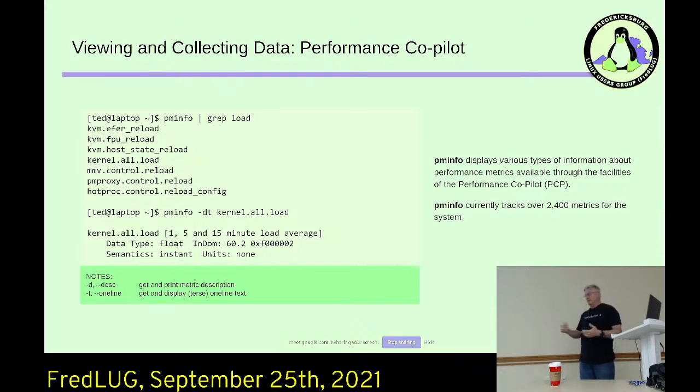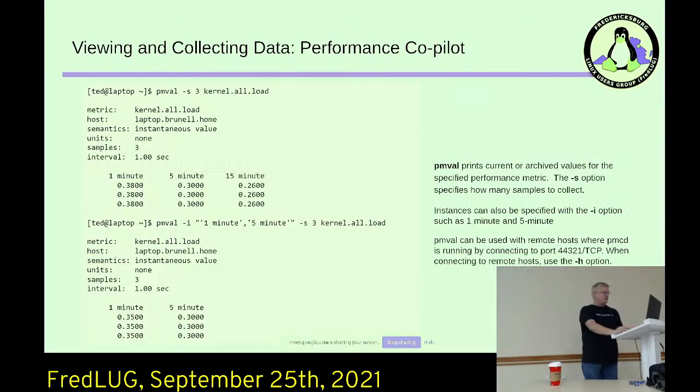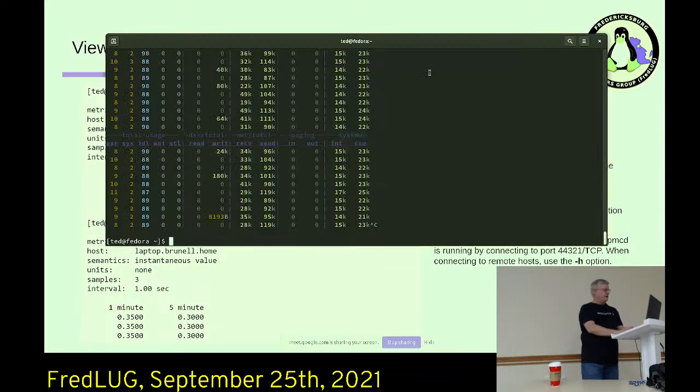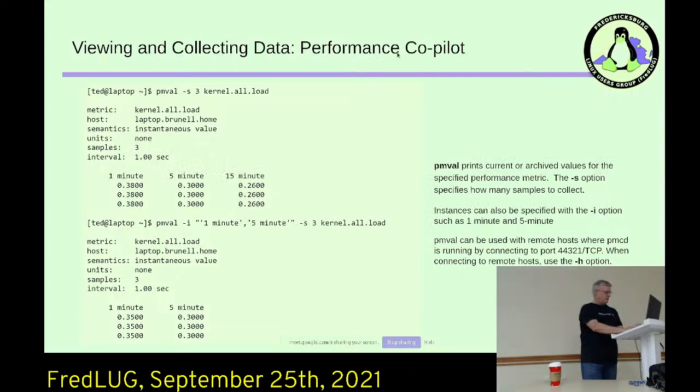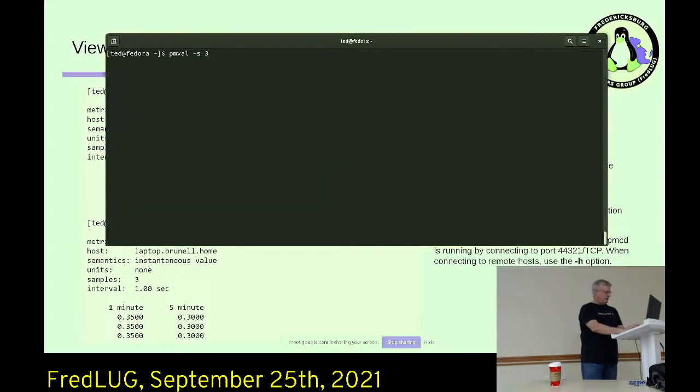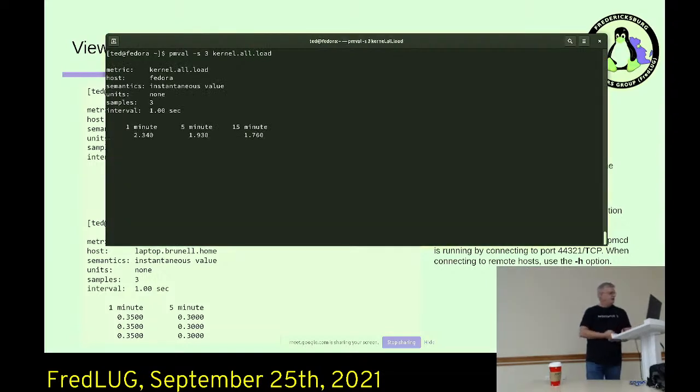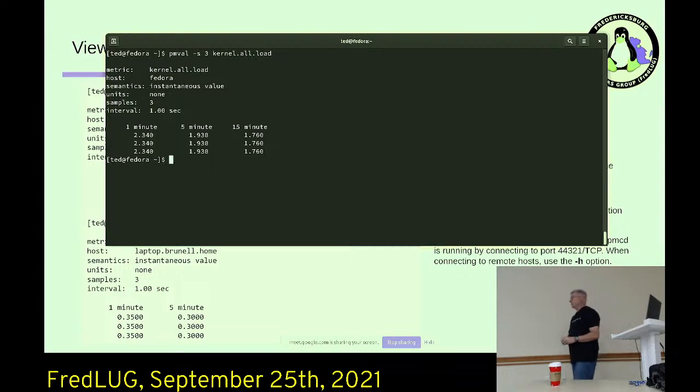Okay, that's the one-liner. If you want to actually see this in action, pmval is the command to run. So we'll do pmval, make sure I get this right. We'll do 3 and kernel.all.load. And so we can go through and we can collect the utilization on our kernel, 3 samples. So we're collecting with -s.